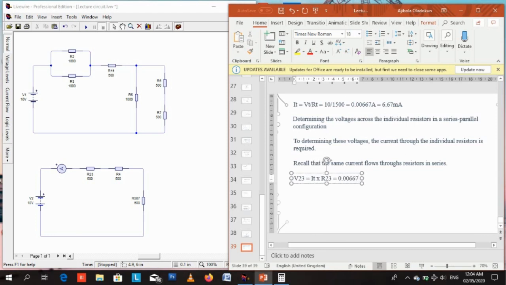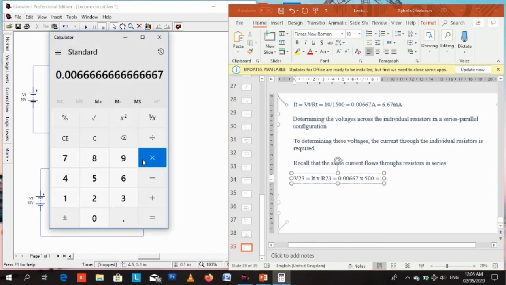IT is 0.0067 amps, which is 6.67 milliamperes, multiplied by R23. R23 is 500 ohms. So we can get the voltage across the resistor R23 on its own. If you multiply 0.0067 by 500 ohms, that should give us 3.33 or 3.34 volts.